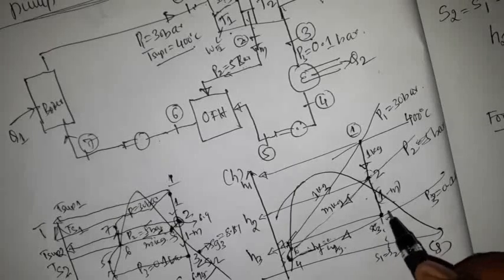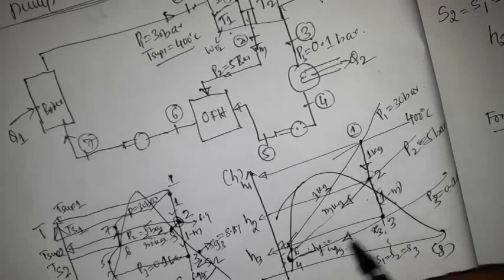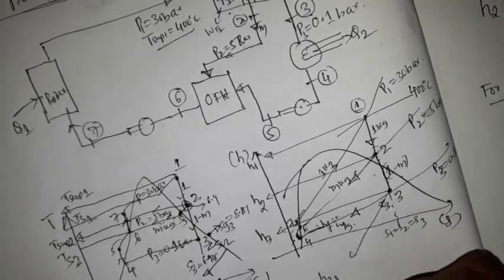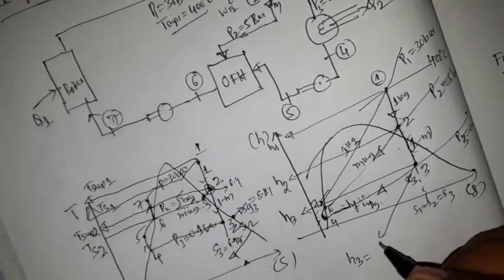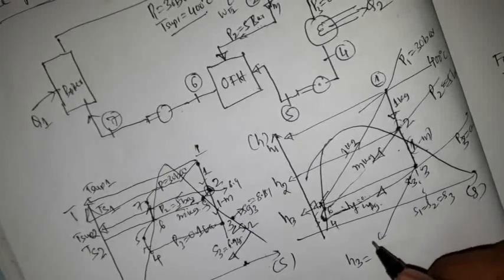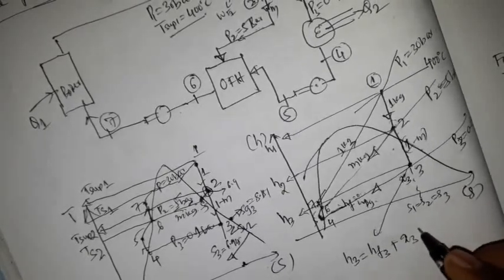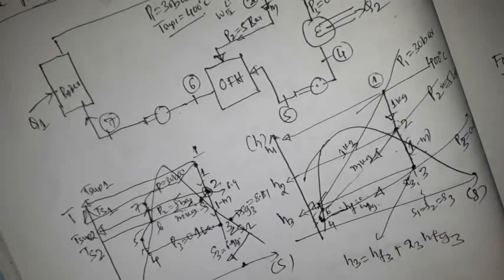So the enthalpy at state 3, that is H3, we know the formula. H3 can be calculated as HF3 plus X3 into HFG3.